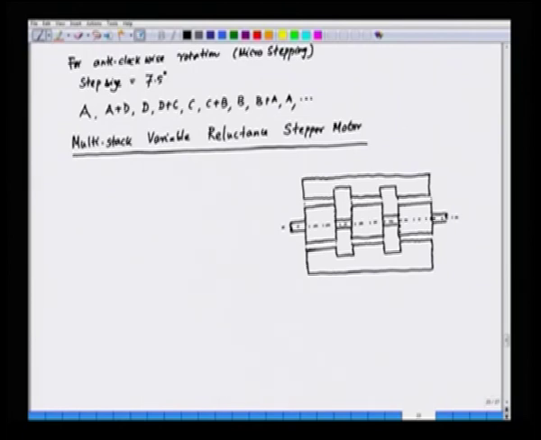Now, what we have in this case, we can call this to be stack A, this is one stack A, and this is stack B, and stack C. So, this is the stator we have. It is a continuous stator, but having various stacks. The rotor, this is the rotor.